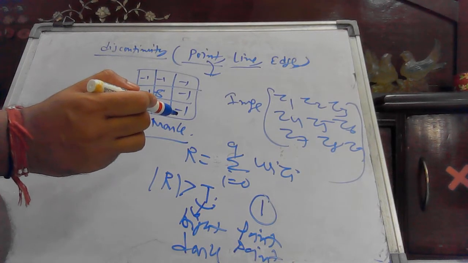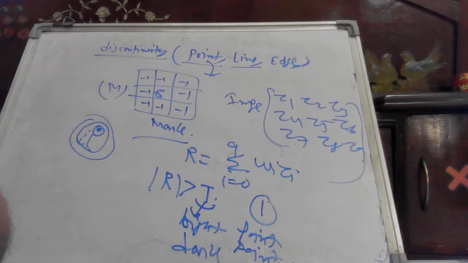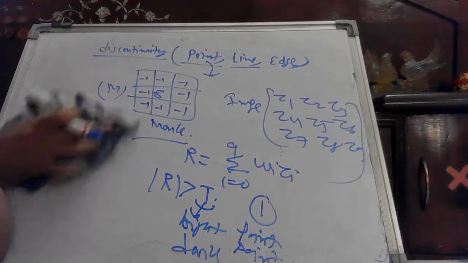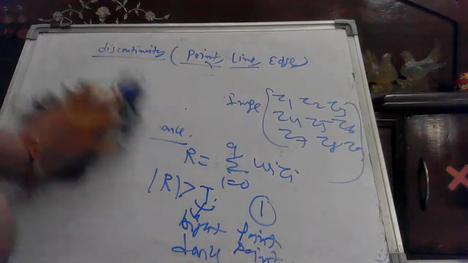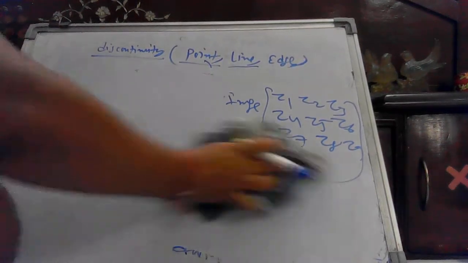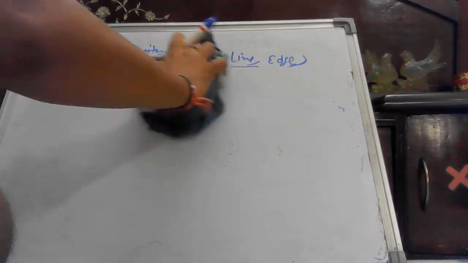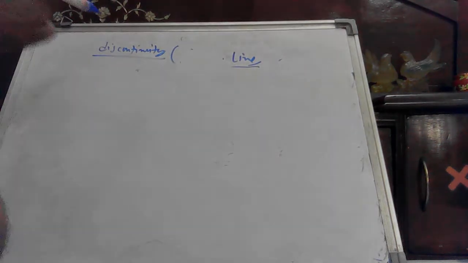In line detection, we have either horizontal lines, vertical lines, or we could have a sum of horizontal and vertical lines. So now we will see line detection. In line detection, the mask is the same.